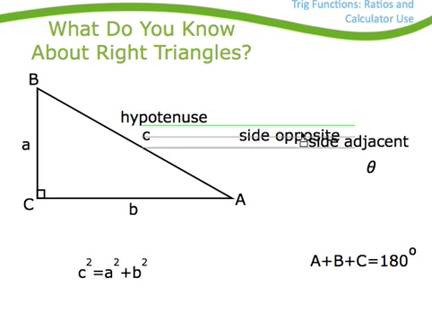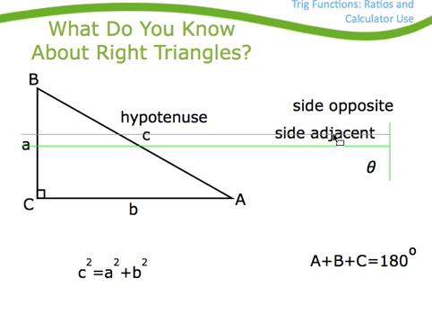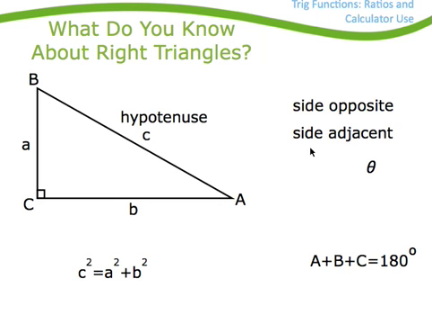Now, to determine which side is opposite and which side is adjacent, I first need to fix an angle. And this is what my theta is here for. If I fix this to be the angle that I'm going to be working with, and I typically do a cute little line like that to indicate that's my angle I'm working with, then I can now identify the side opposite and the side adjacent.